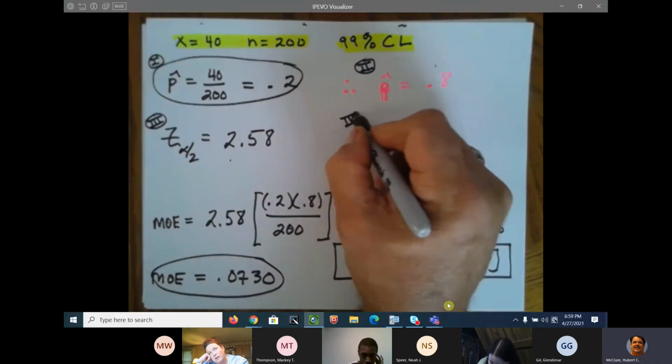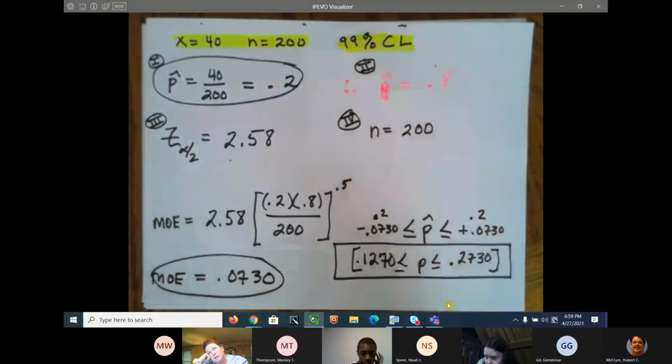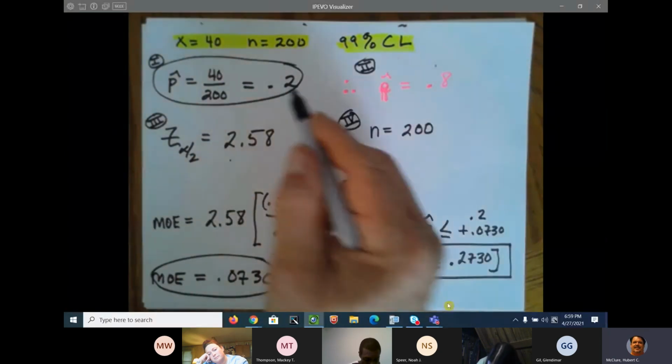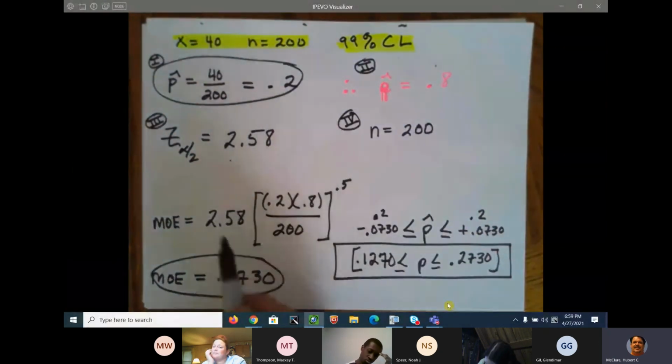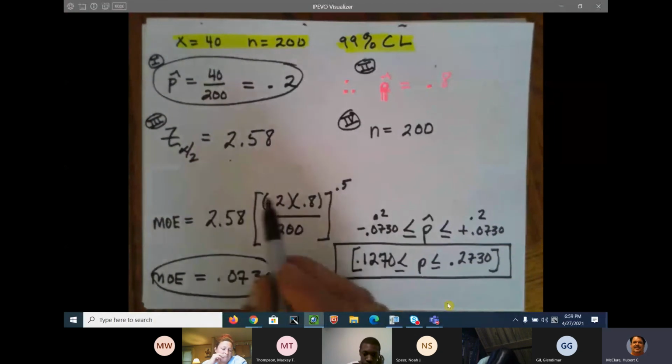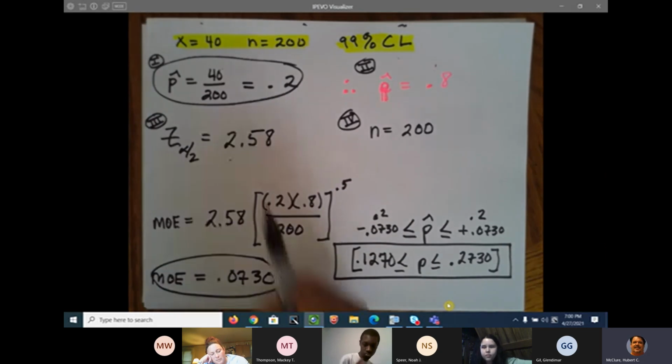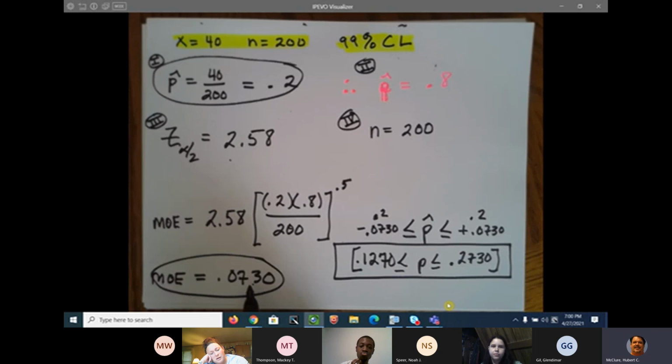And those four things go into your formula. You plug them in, and then you add it on the right and subtract it on the left. I circled these because I'm adding this to that right there, and I'm subtracting this from that right there, just like the standard deviation. And that's your confidence interval.